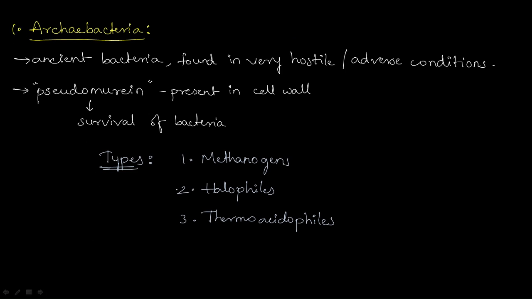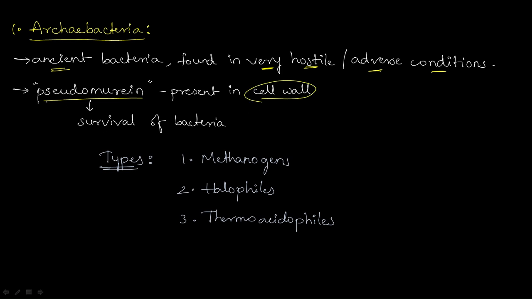Firstly, archaebacteria are the ancient bacteria, or the oldest bacteria. They are also known as special monerans. They are found in very hostile or adverse conditions, and these bacteria contain pseudomurein in their cell wall.